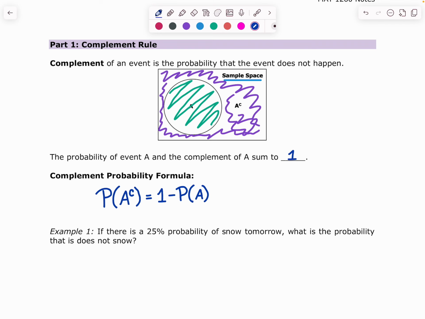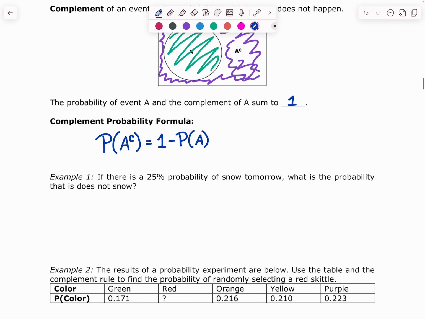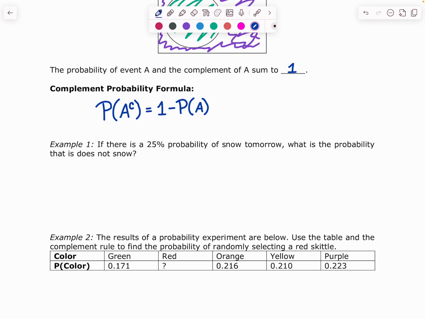So let's look at a couple of examples of the complement formula. The first example says if there is a 25% probability of snow tomorrow, what is the probability that it does not snow? So 25% is the probability of snow. That is our event A. And then the probability that it does not snow is A complement.